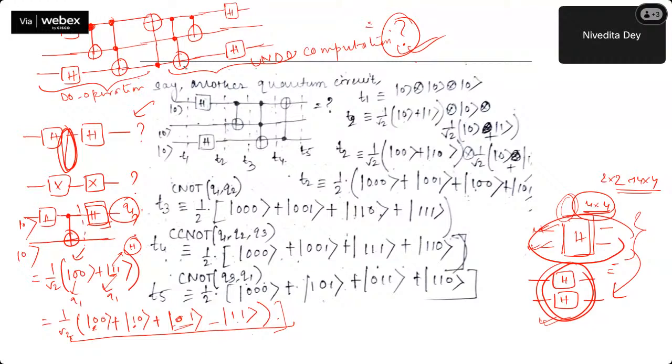Will it happen if you just apply the CNOT gate? Again apply a CNOT gate and just check whether you will be getting the same thing or not. All of you, just do it. Maybe I'm missing out somewhere.